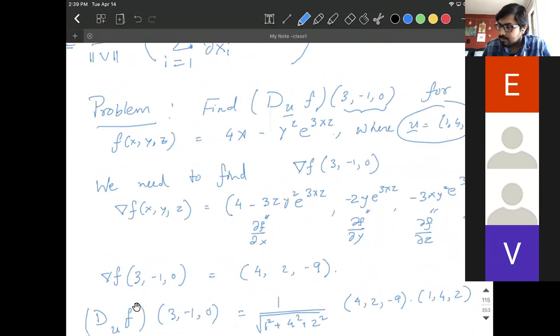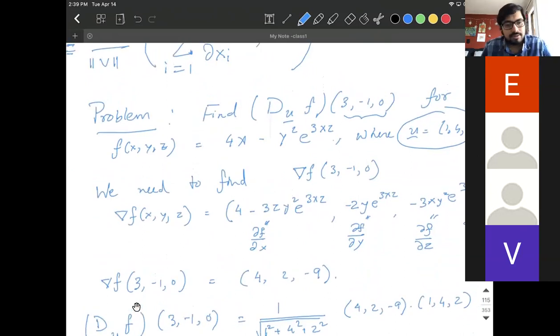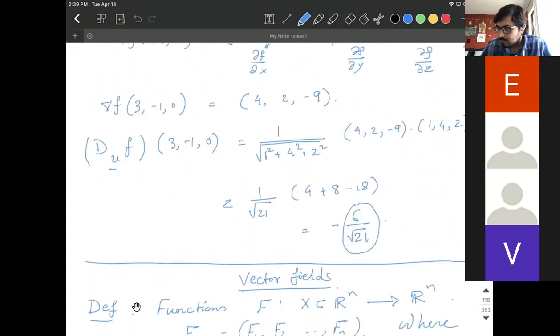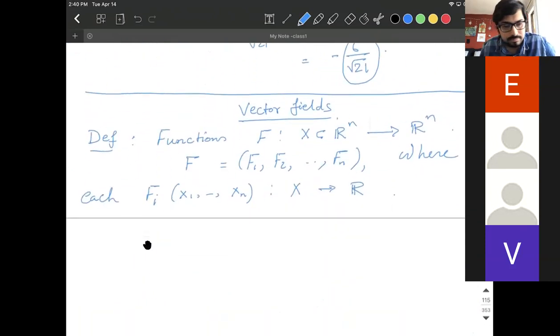In this case, this is the rate of change of the scalar field in the direction u. The value is given by 6 over root 21, and the minus sign shows that it's sort of decaying or decreasing. So that's the physical explanation of it. Okay, so depending on the situation.